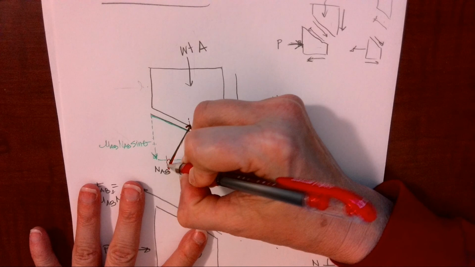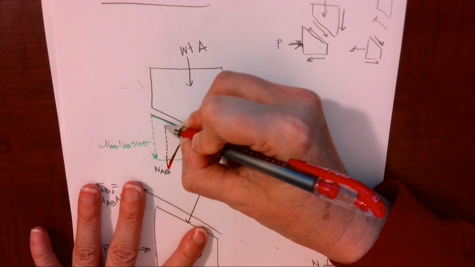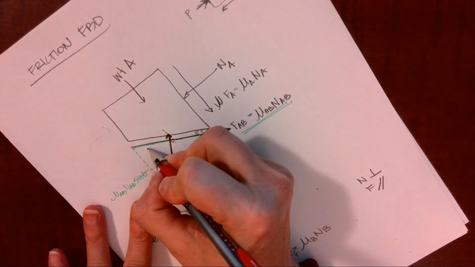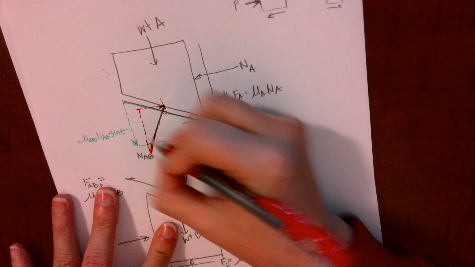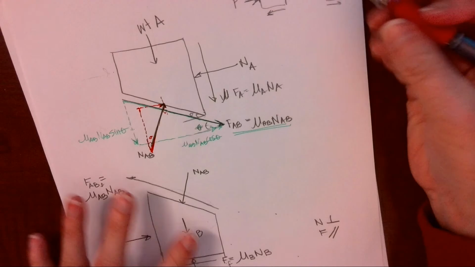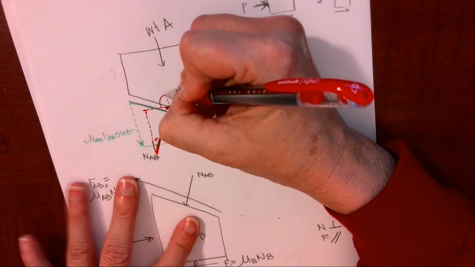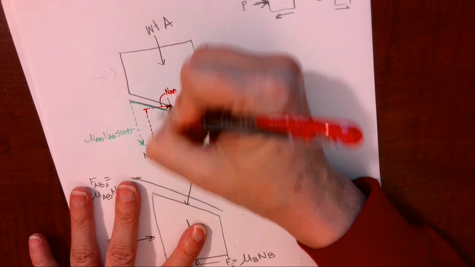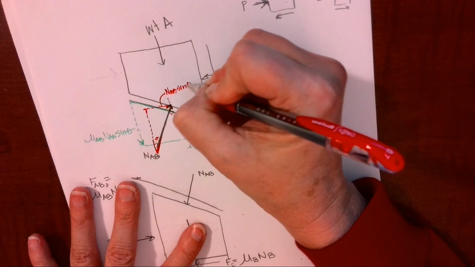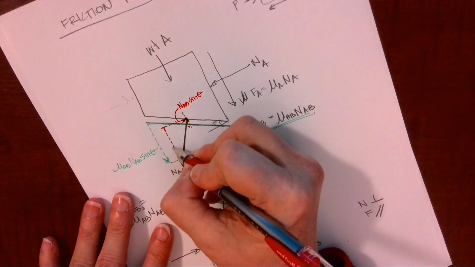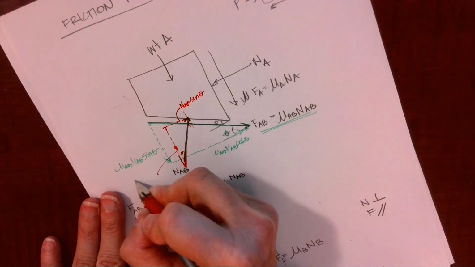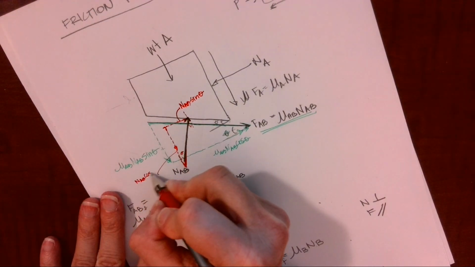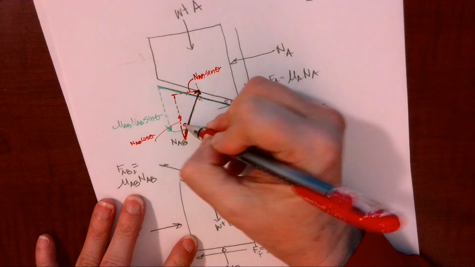So my X component goes up, my Y component goes up and my X component goes over, and we're traveling by theta. So when I want the X component of my normal force, it's going to be N AB sine theta, and we can see that the Y component is N AB cosine theta, so okay?